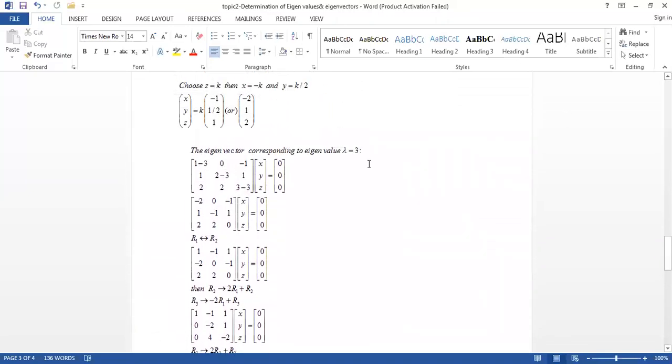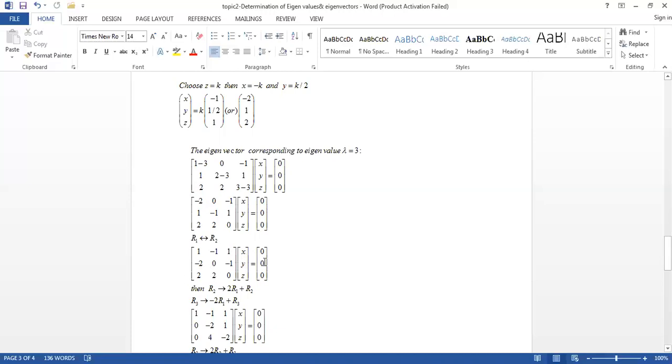Now the eigenvector corresponding to eigenvalue lambda equals 3. This is also the same. We subtract 3 from the diagonal elements: rows (1 minus 3, 0, minus 1), (1, 2 minus 3, 1), (2, 2, 3 minus 3) times (x, y, z) equals (0, 0, 0). So that is (minus 2, 0, minus 1), (1, minus 1, 1), (2, 2, 0). Interchanging the rows R1 and R2, we get (1, minus 1, 1), (minus 2, 0, minus 1), (2, 2, 0).